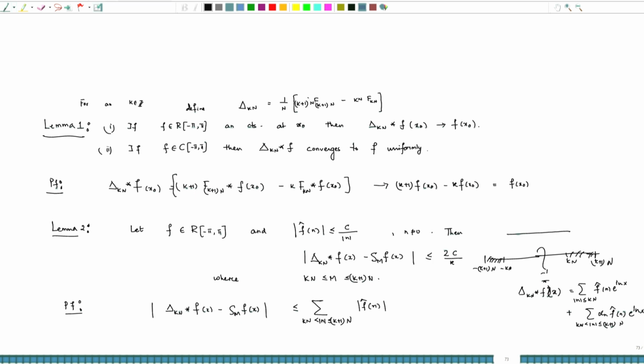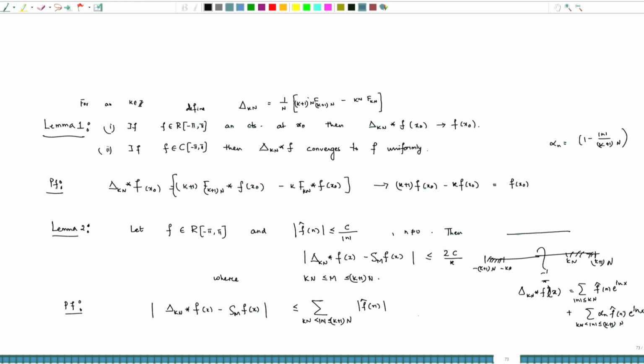Now, whatever that quantity is, one can calculate delta_{kn} hat very easily. If we calculate, outside (k+1)n it is not going to contribute, so this alpha n is equal to 1 minus mod n by (k+1)n. This is precisely your calculation.